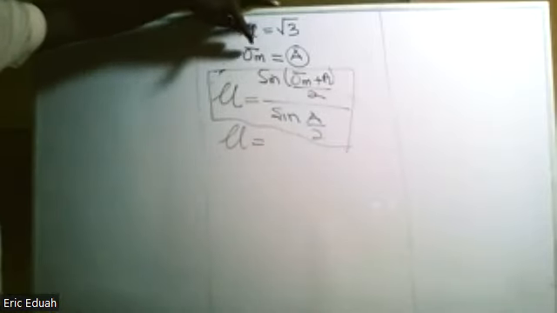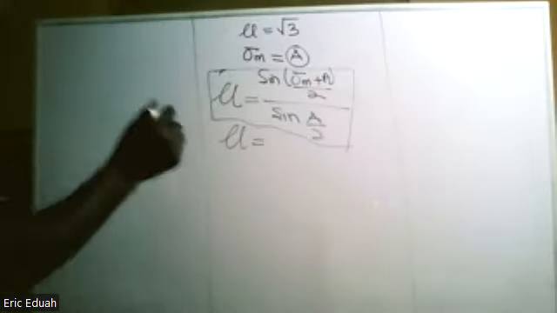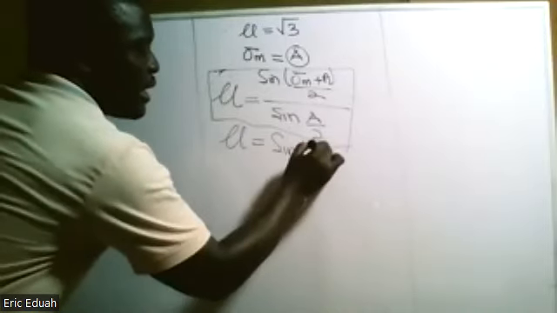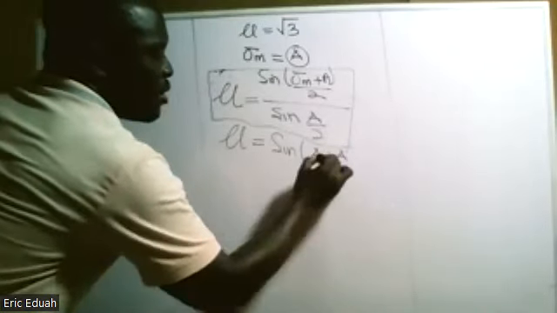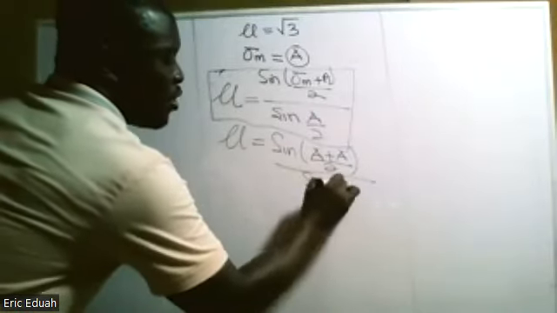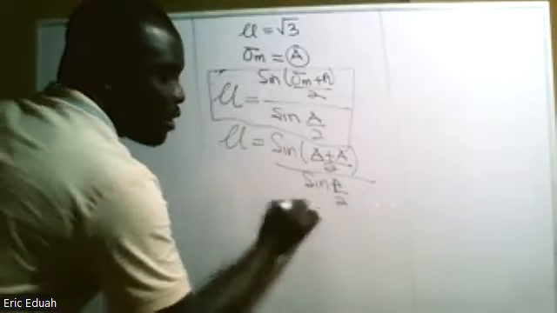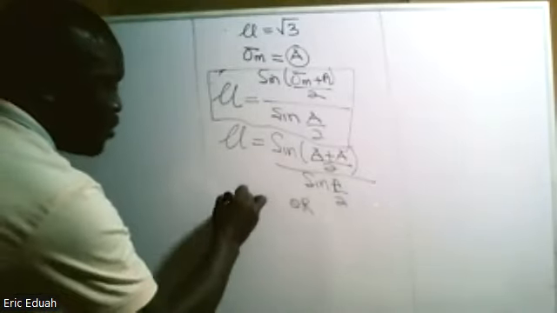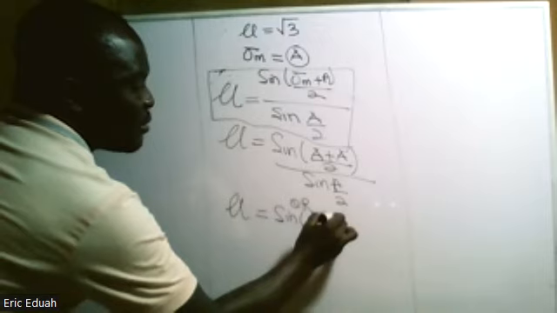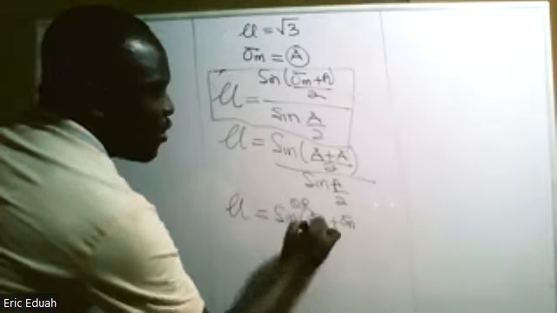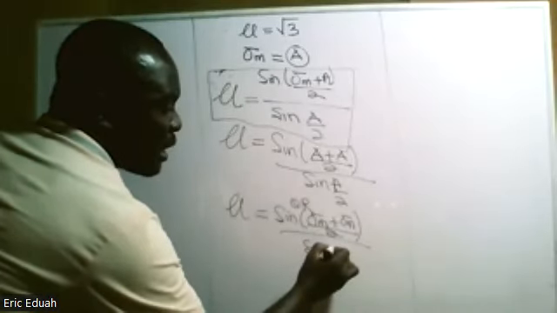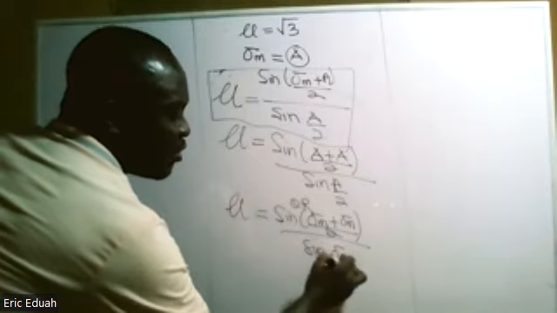Now, minimum deviation equals A. So I can say that mu is equal to sine of (A plus A) all over 2 divided by sine of A over 2, or mu is equal to sine of (minimum deviation plus another minimum deviation) all over 2 divided by sine of minimum deviation over 2.